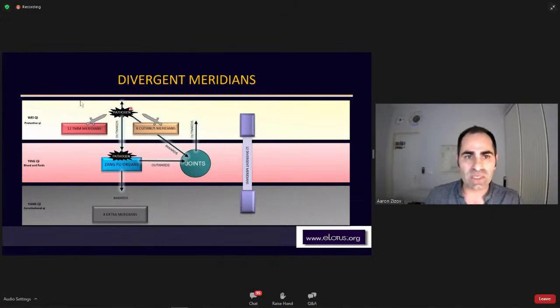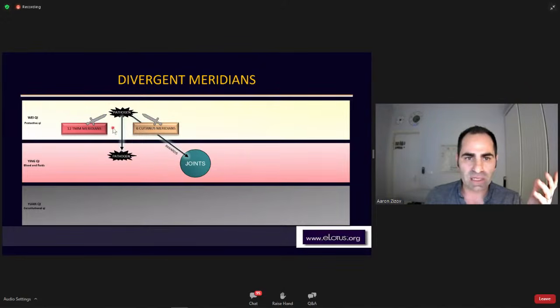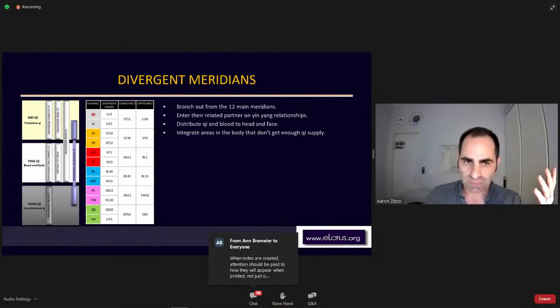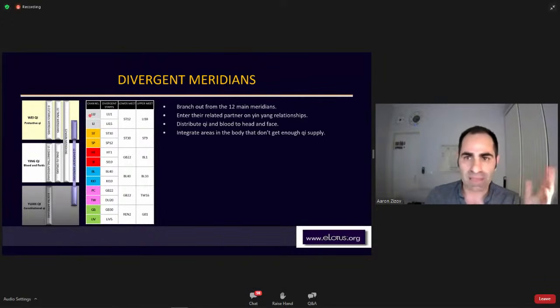So it's always about this function, and therefore, before I start working with the divergent meridians, I will usually puncture the Jing well points first, to open the TMM meridians. In case I want to work on the lung, to get rid of a pathogen from the lung divergent, I will puncture Lung 11. I can also use Spleen 1 to work on the same layer.